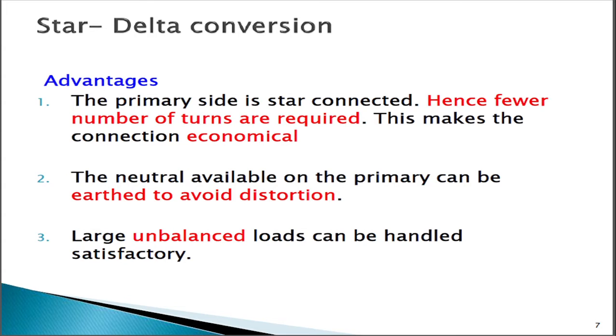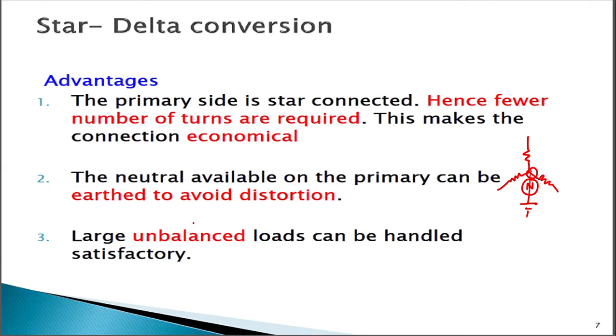The second point is the neutral available on the primary can be earthed to avoid distortion. So the neutral which is available in the primary, this point is a neutral position, can be earthed accordingly to avoid any kind of distortion in the circuit.